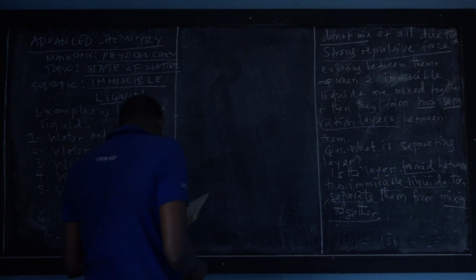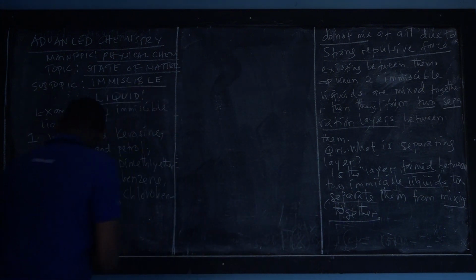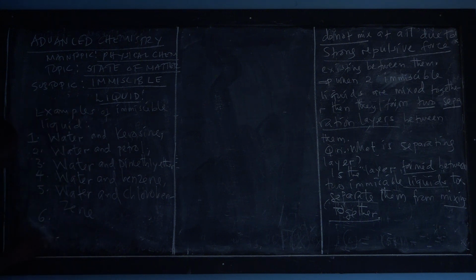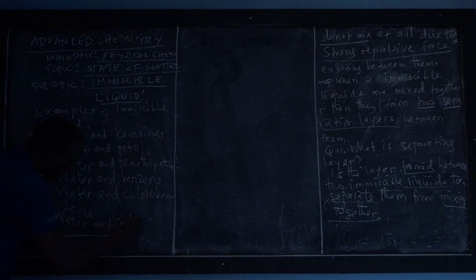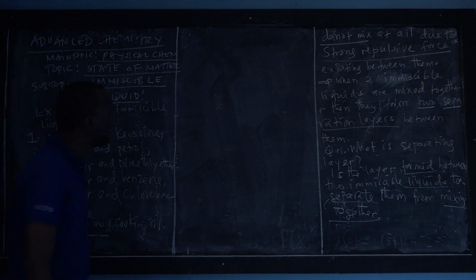Let me help you with number 6, and then you look for number 7 and 8. Number 6 is the mixture of water and cooking oil. Cooking oil is common in the kitchen, right?